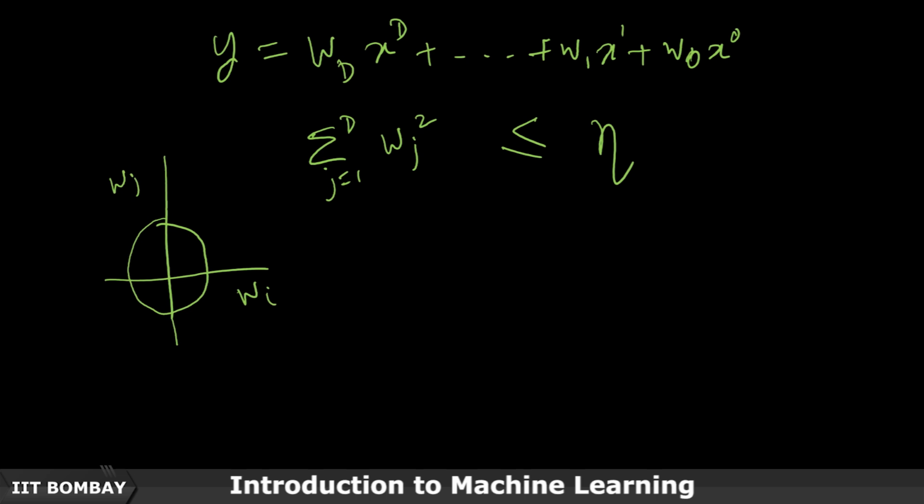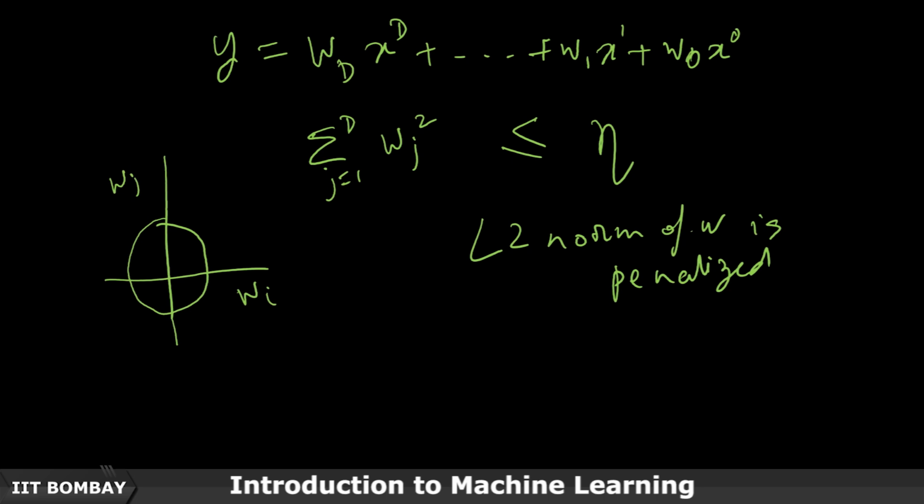Okay. So the L2 norm of w is penalized. Okay, we want to penalize the L2 norm of w. Now this is an inequality constraint, and we also want to minimize the sum of squared errors between y and t. Okay.